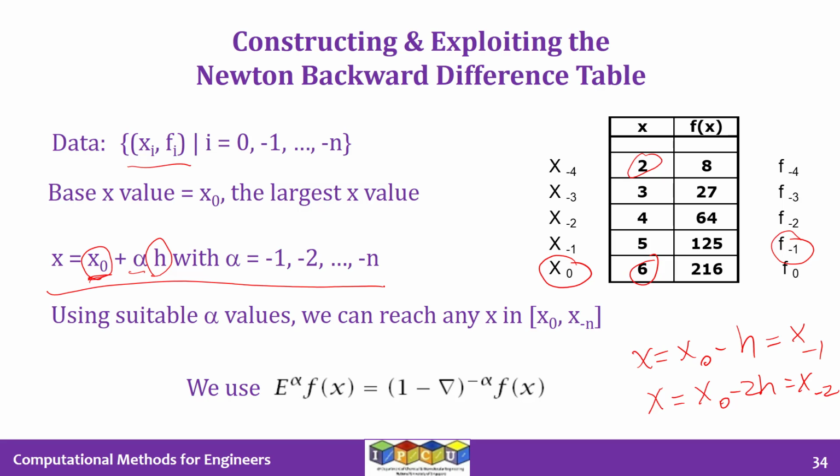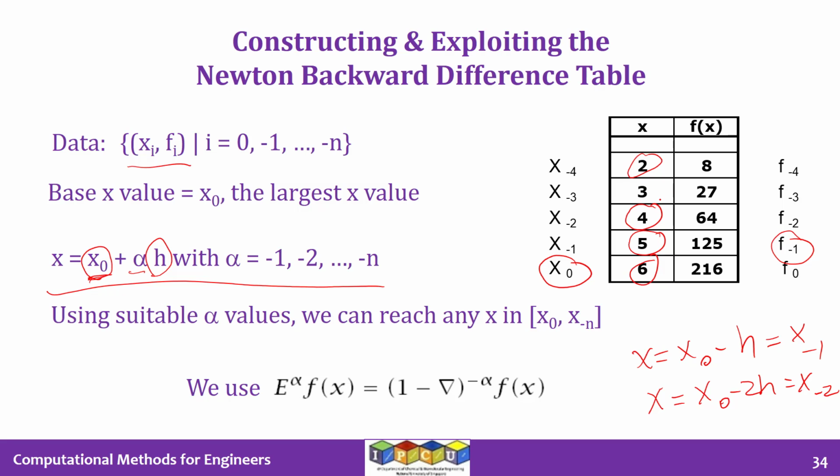And any value of x between x naught and x minus n, you can reach by using suitable alpha values. So if you want to reach a value of x equal to 3.5, we know that alpha must be minus 2.5. Because alpha equal to minus 1 will take us here, alpha equal to minus 2 will take us here, and alpha equal to minus 2.5 will take us to x equal to 3.5.